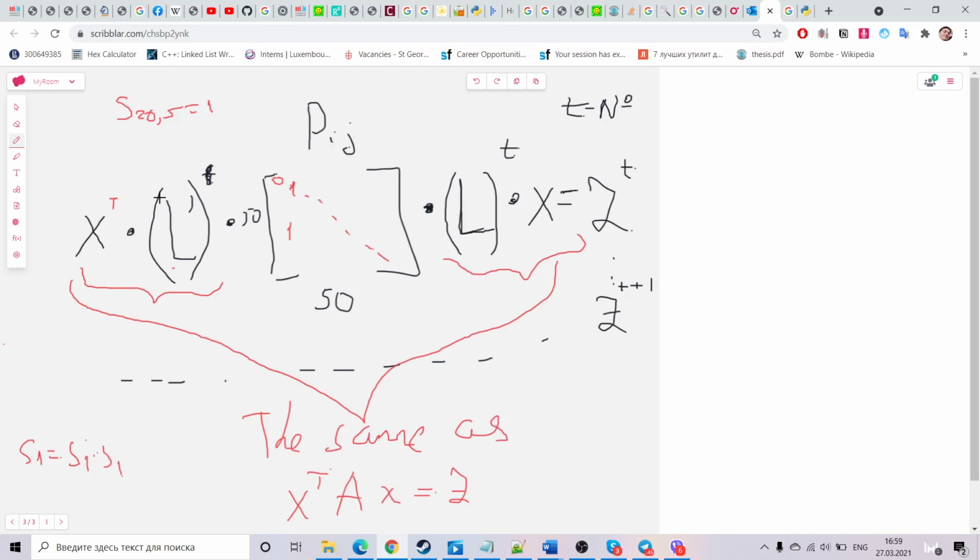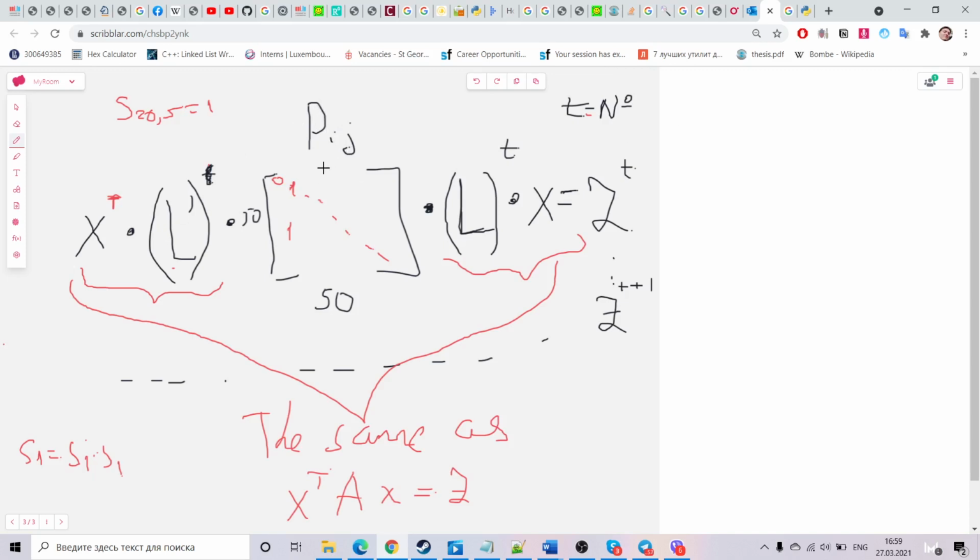So here we have x of t. It's the initial state vector transposed, which we want to find, and it is multiplied by our companion matrix in power of t, where t is the number of the current state, and we multiplied it by matrix p_ij.